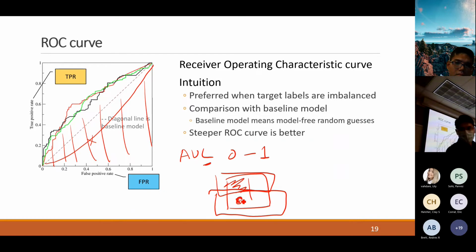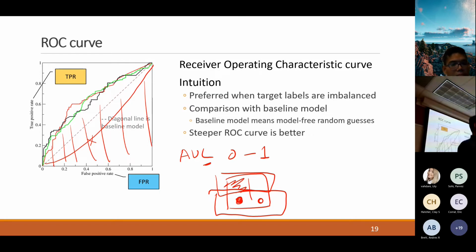And if you think about it, what is this? True negative. So if you take 1 minus the false positive rate, it's actually the true negative rate. The opposite of false positive rate is true negative rate.